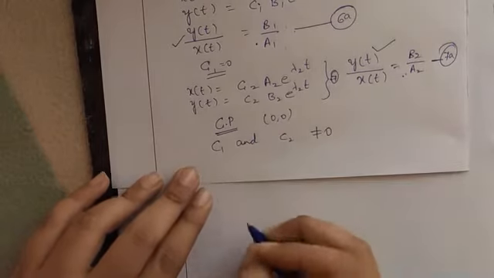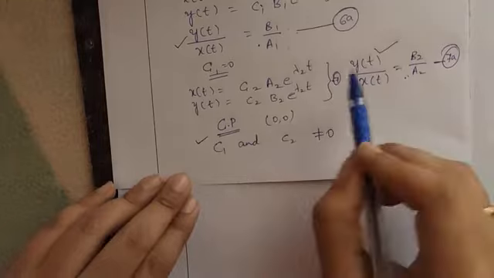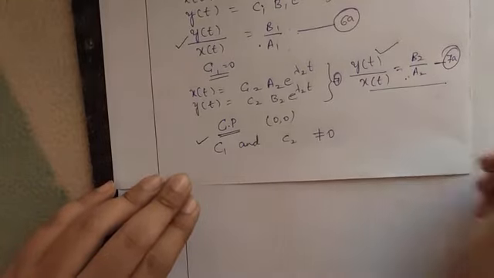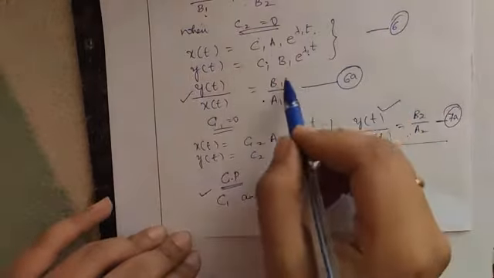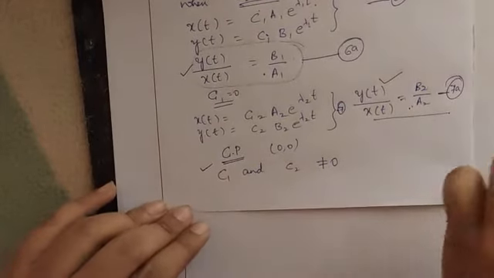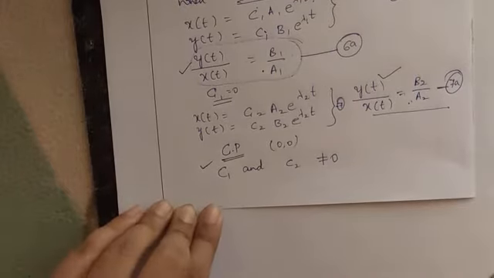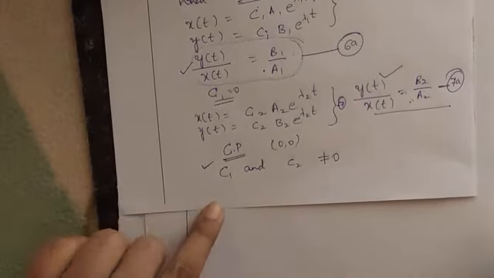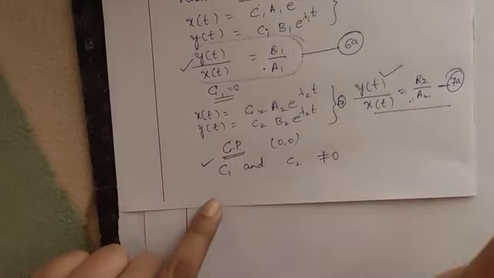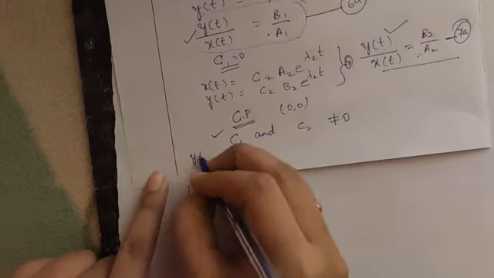If c1 and c2 both are not equal to 0, let us consider this case now. If c1 is 0, we will get equation number 7a. If c2 is 0, you will get equation number 6a. But what in the case of c1 and c2 not equal to 0? If you apply the initial condition or boundary condition, you may get some value for your c1 and c2, right? So if that is the case, what will happen to your ratio?